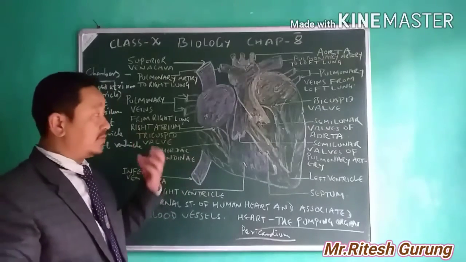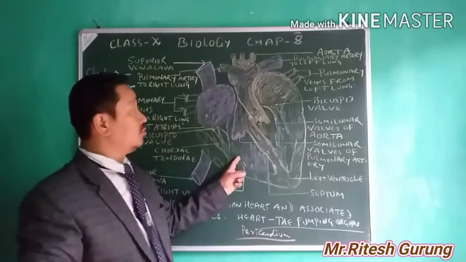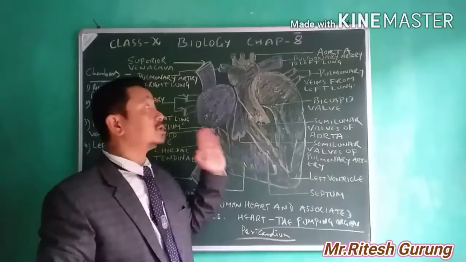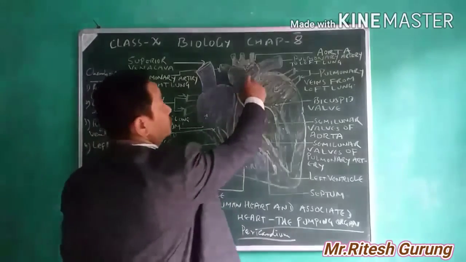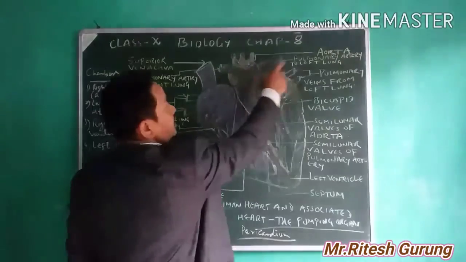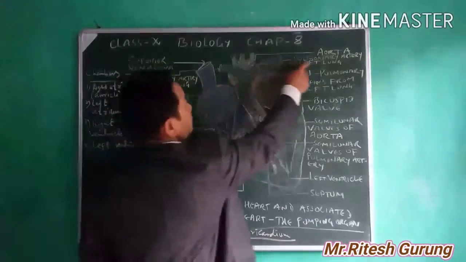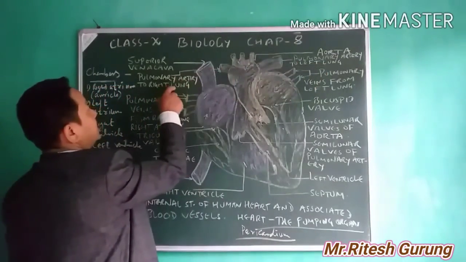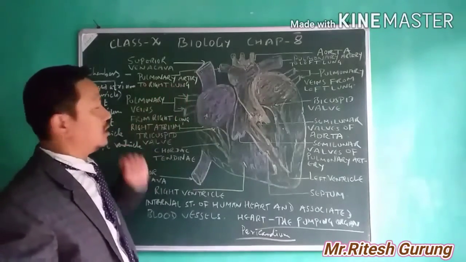That purification will take place in the lungs. So this ventricle will send that impure blood to the lungs for purification. It will be taken through these two vessels, the two pulmonary arteries. This one will take it to the left lung, and this one will take it to the right lung.